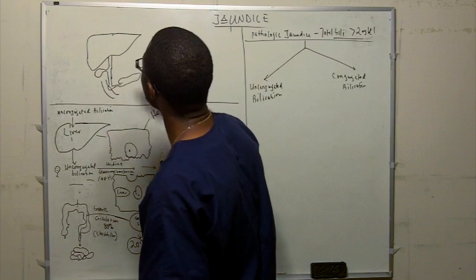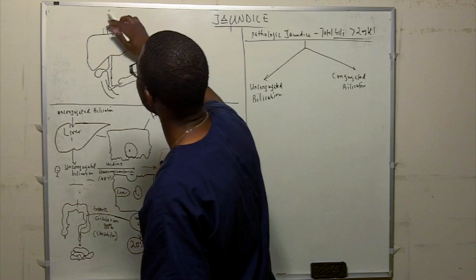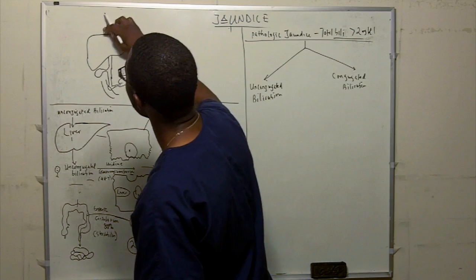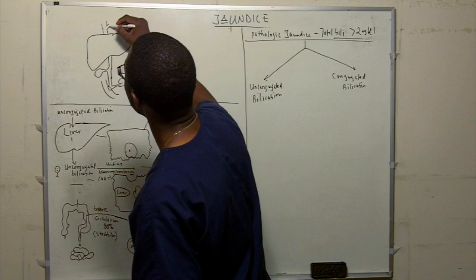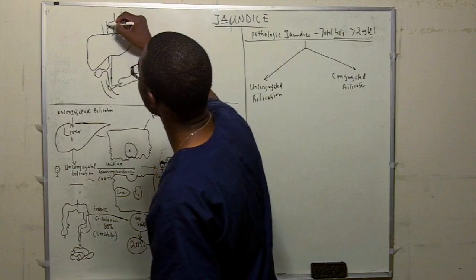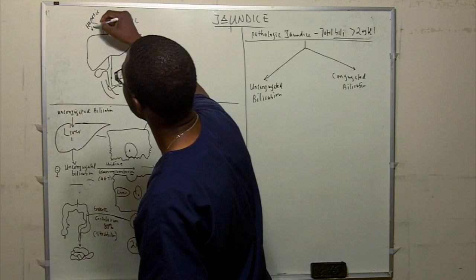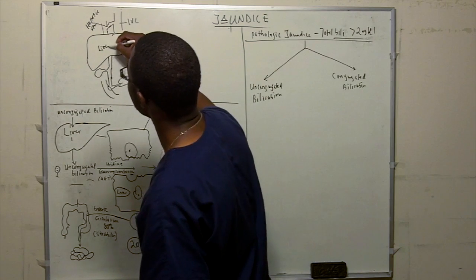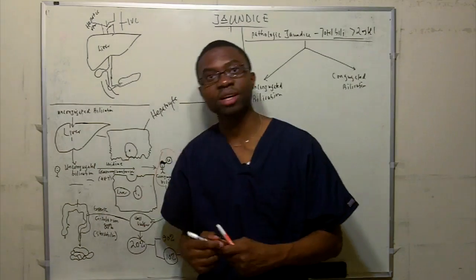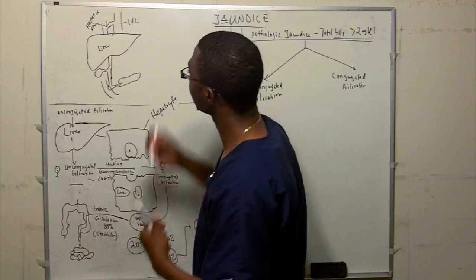Go into the duodenum. And I always like to draw here my hepatic vein, which is going to go into the inferior vena cava. Okay? This is the hepatic vein, and this is the liver. Because this will give us a very good understanding.